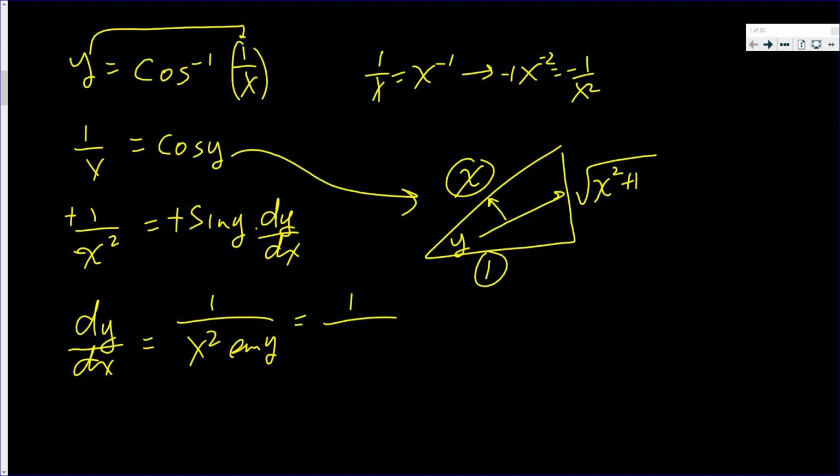So it is 1 over x squared times the sine of y. The sine of y is the square root of x squared plus 1 over x. So in the end, since one of the x's cancels in the top and the bottom, there's my answer.